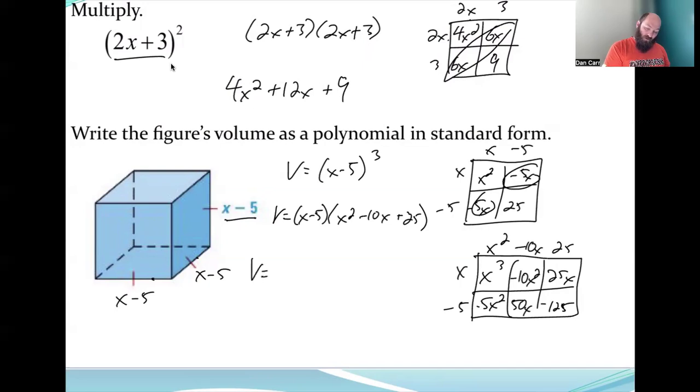So my volume comes out when I do this all. I've color coded a little bit here. Got those coming together. So it's going to be x cubed, negative 15x squared, positive 75x, and then a negative 125.